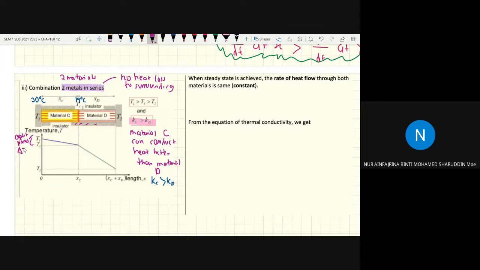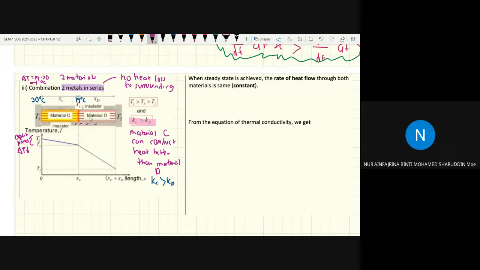Jadi temperature difference dia berkurangan. Kenapa Miss tahu temperature difference dia berkurangan? Sebab contohnya Miss ambil 19 tolak dengan 20, Miss akan dapat negative 1 degree Celsius. So nampak tak, kurang sahaja temperature difference dia.